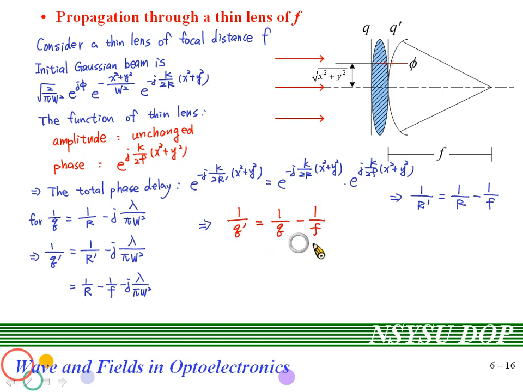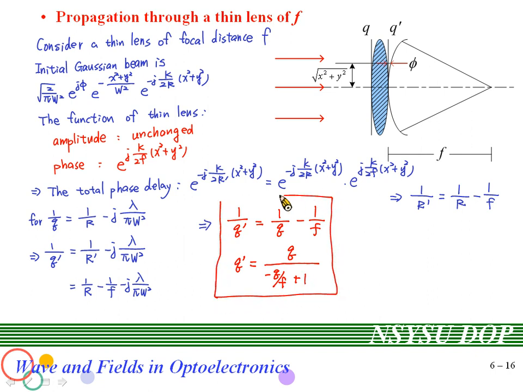Besides, by this relationship, Q prime can also be written as this equation. So, this is the transformation of Q for a Gaussian beam passing through a thin lens.